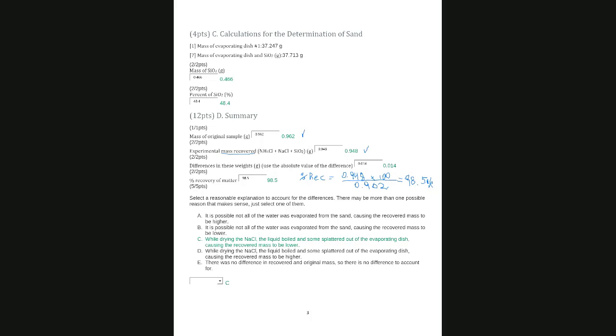But there are some cases where you can have higher than 100%. Is that possible? We don't create matter. So one explanation is that when you are evaporating the water, you didn't evaporate all the water from the sand or from the sodium chloride.